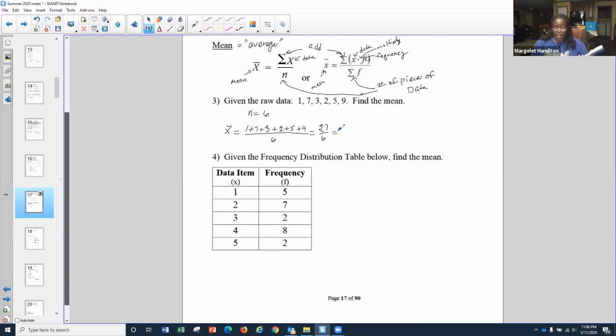If you want to keep it as a fraction, that's fine. Reduce it. What you'll do is push your F to D button, or you'll have an S to D button. It's usually on a face button, or in some calculators, it may be in a second function.